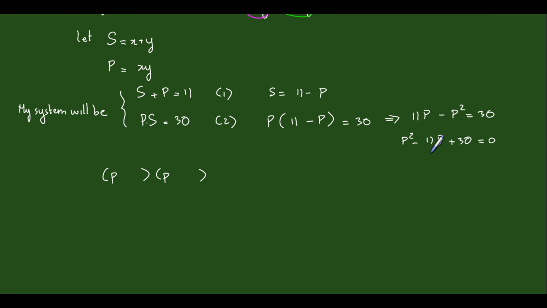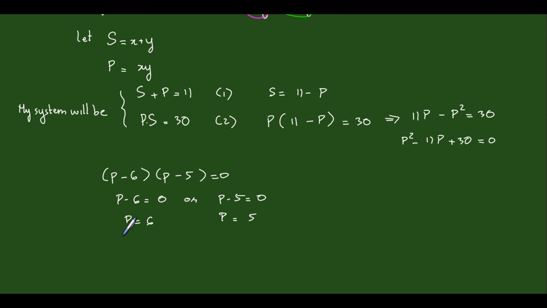To get negative 11, you can do negative 6 and negative 5, right? Equals 0. Then you can set each factor equal to 0, p minus 6 equals 0 or p minus 5 equals 0, and you get p equals 6 and p equals 5.